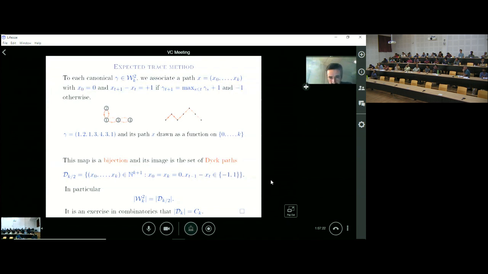You can either prove directly that the number is 2k choose k minus 2k choose k minus 1, by a combinatorial argument, or you can use the fact that the Catalan numbers have a recursion formula and prove the same recursion for the Dyck paths.